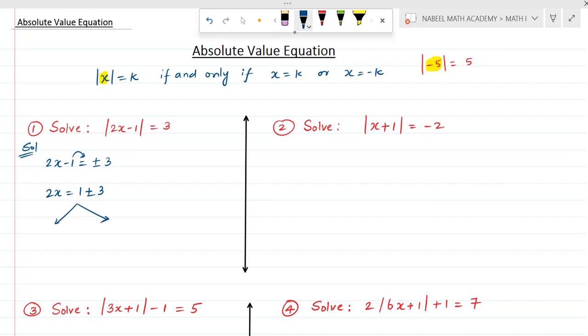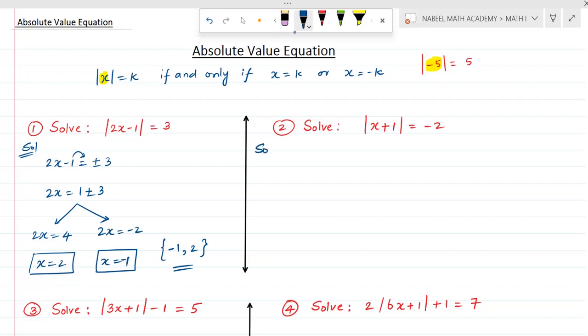One is 2x = 4 and another is 2x = -2. So x = 2 and x = -1. Therefore the solution is -1, 2. You will always get two solutions for an absolute value equation.